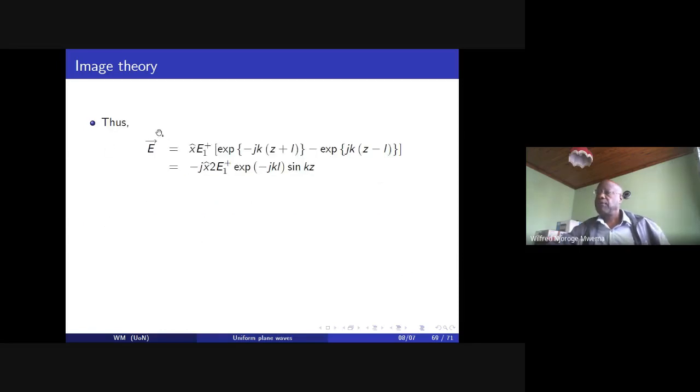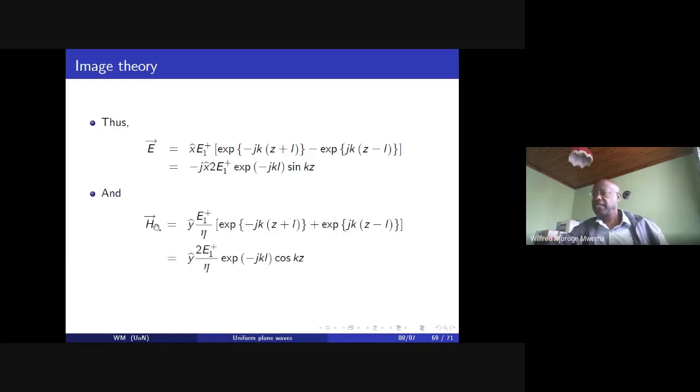And therefore, once we use those values, we see that E is just going to be given by minus J x cap 2 E1 plus exponent of minus JKL sine KZ, just like we had before.